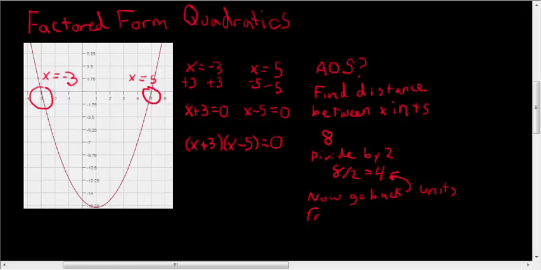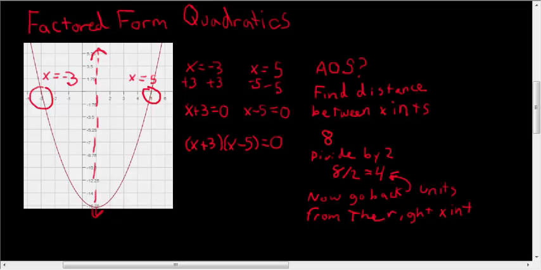So where x equals 1, that is the middle of this graph, and that's where the maximum value or the minimum value is going to be. So I can draw my axis of symmetry in here now.